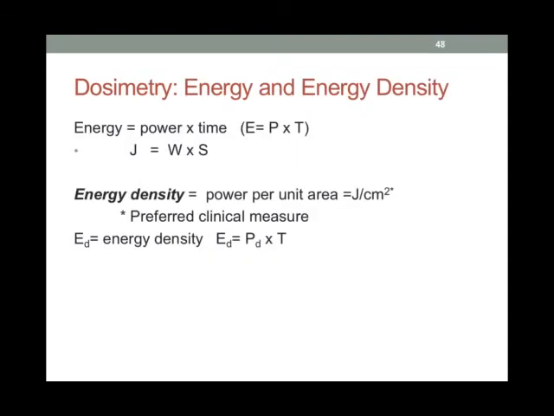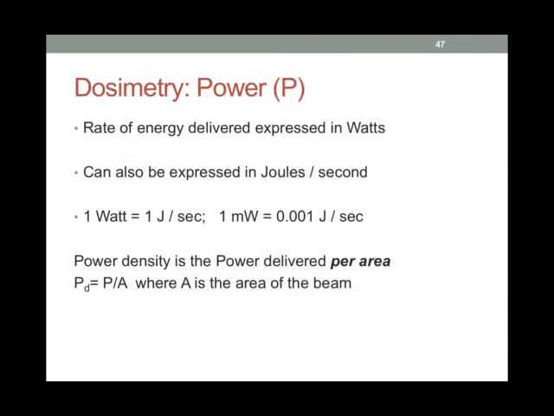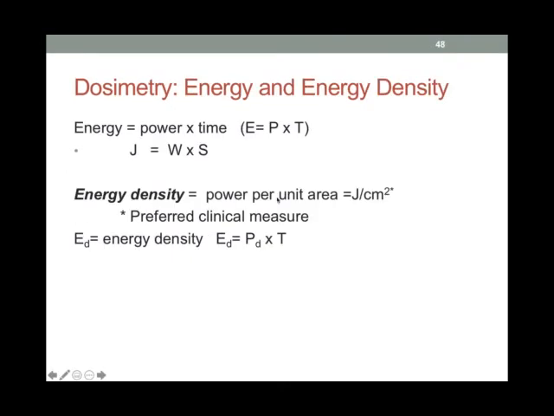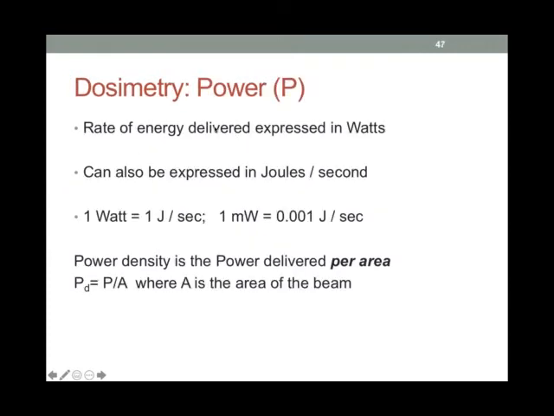When we talk about energy, energy is different than power, because power is the energy per second, but here we're really just talking about the energy. That's measured in joules. And how we get that is we take the power and multiply it by the time. So if we have a 1 milliwatt laser and we're putting it on for 10 seconds, now we're going to be looking at 0.01 joules per second.